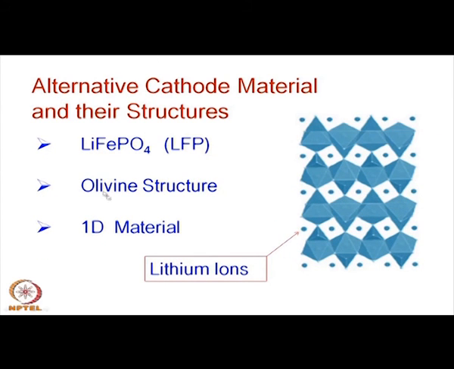Another important compound in this series is lithium iron phosphate, LiFePO4, which does not have a spinel structure, but is an olivine structure. This is once again very close to the silicate structures, and these are 1D structures. It is called 1D because there are holes, more or less like a zeolite structure, through which lithium ion can pass through, or it can position itself. Okay. So, this is another alternative compound to LiCoO2.